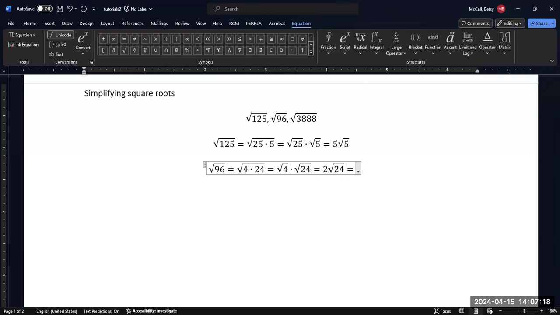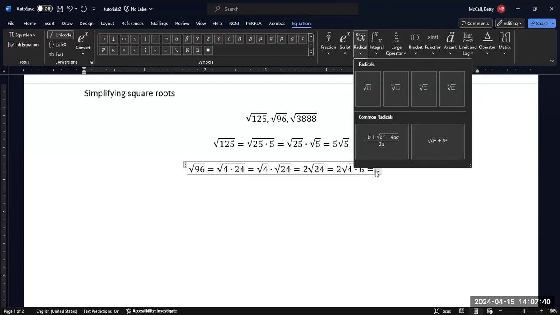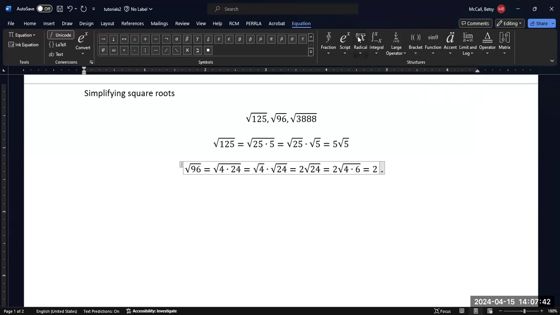Okay, but what about 24? 24 also has 4 as a square factor, so I can rewrite this as 4 and 6. And so I have my 2 and my square root of 4 and my square root of 6.